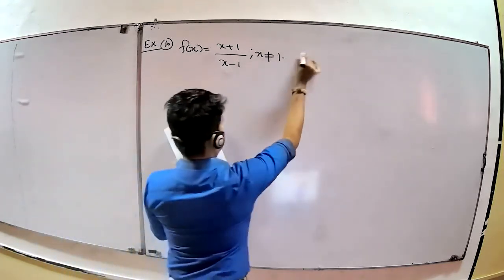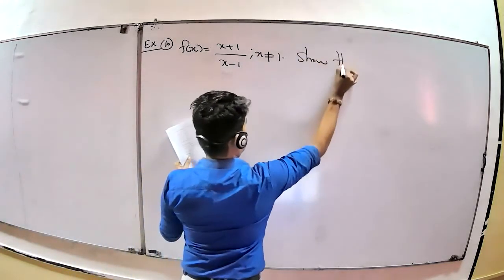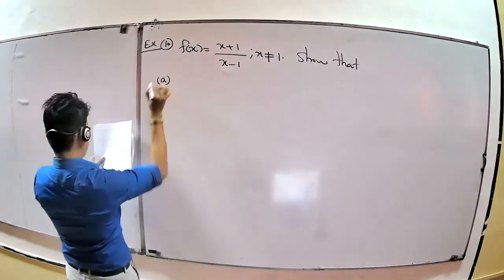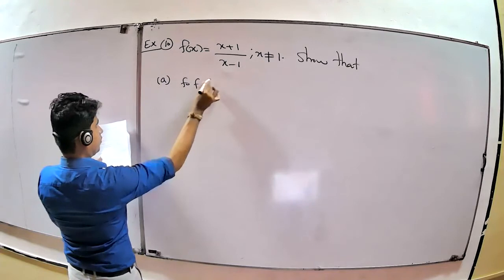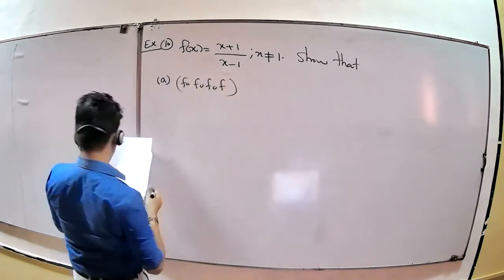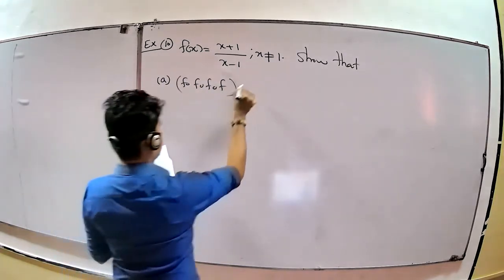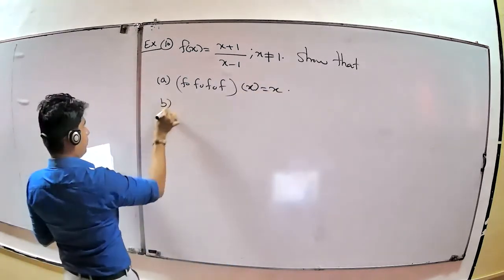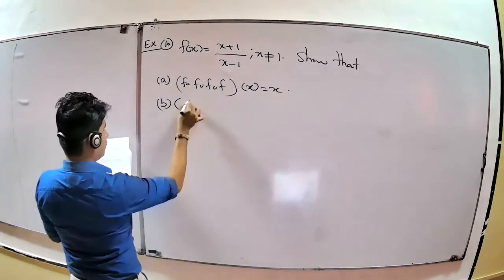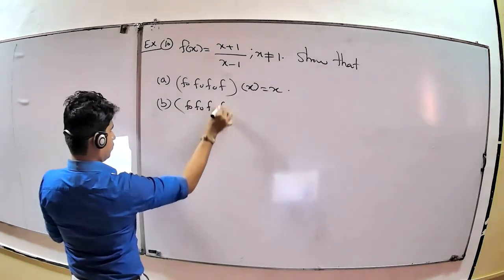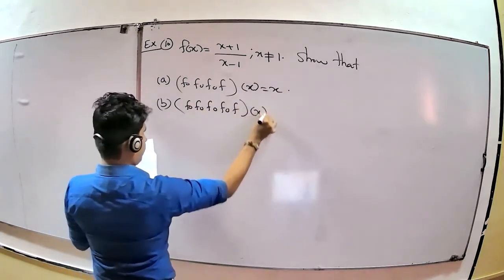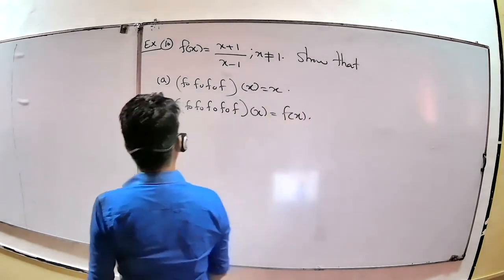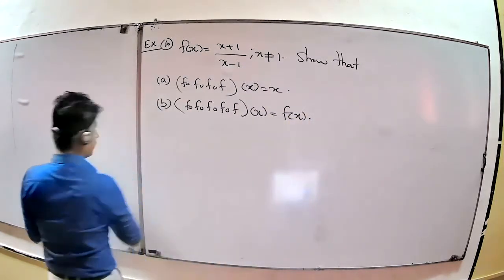The A part is for the composition mapping of f of f of x. The B part is for the composition mapping of f five times of x. These two parts we want to prove.